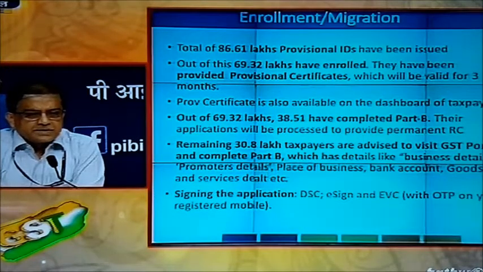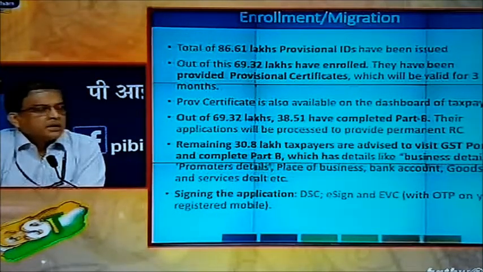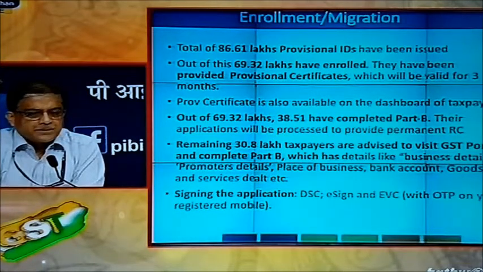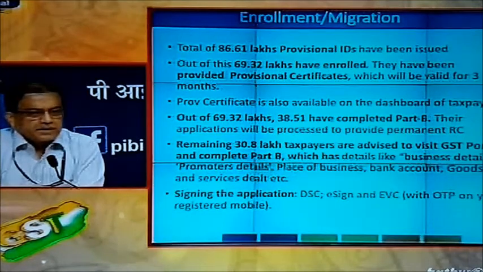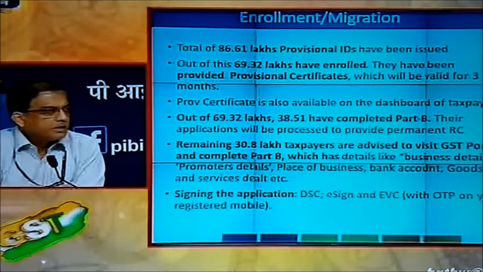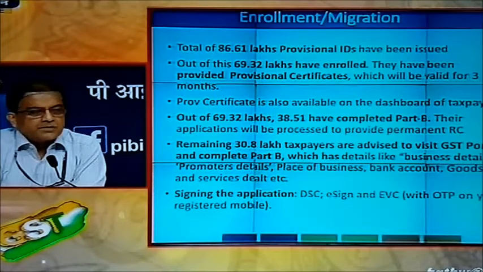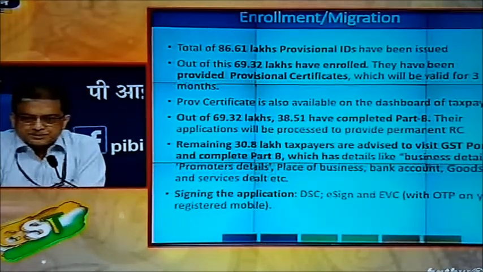Out of that, 69.32 lakhs have already enrolled, which means they have come and activated their provisional ID, and they have given their email, mobile number, etc. Based on this, we have generated a provisional certificate and sent it by email. It's also available on their dashboard. So if they log in, they can see and download this provisional certificate, which needs to be displayed in their place of business.